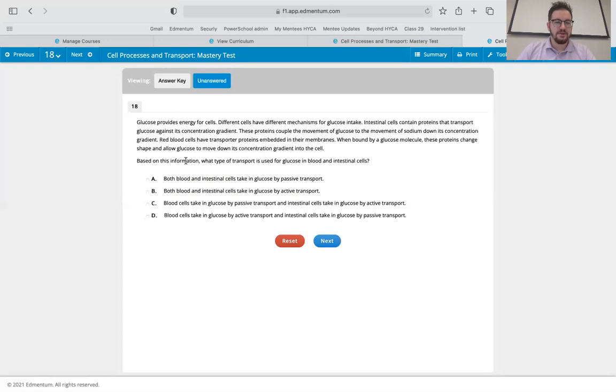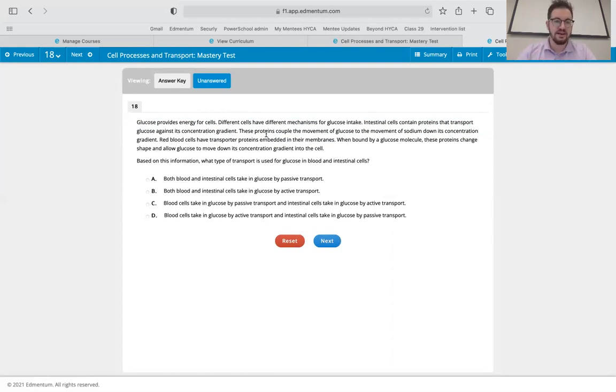And so, let's read this. Glucose provides energy for the cells. Different cells have different mechanisms for glucose. Intestinal cells contain proteins that transport glucose against a concentration gradient. These proteins couple the movement of glucose. When bound by a glucose molecule, these proteins change shape and allow glucose.